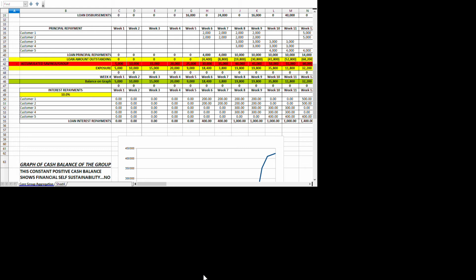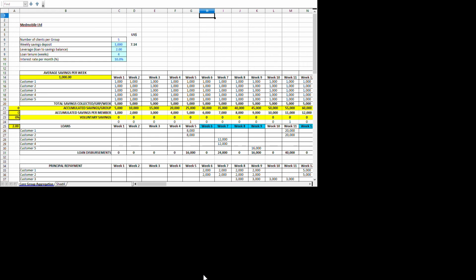You see in rows 52 and 53, customers 3 and 4 are paying $300, which is 10% of $3,000. And similarly, row 54, customer 5 is paying $400 interest, which is 10% of $4,000. So that continues until week 52. This staggered loan rotation, this repayment of loans, this constant savings, all of those things continue.